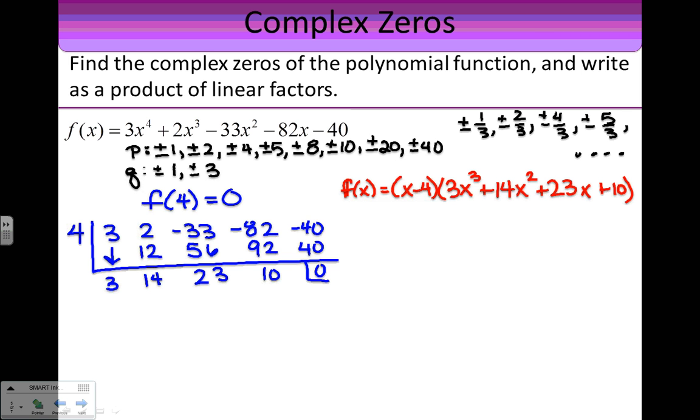So I'll tell you that just to save a little bit of time, because I know that you know how to test the zeros. Negative 2/3 is going to be another 0. So I'm going to come over here and put in my negative 2/3 into my synthetic division.